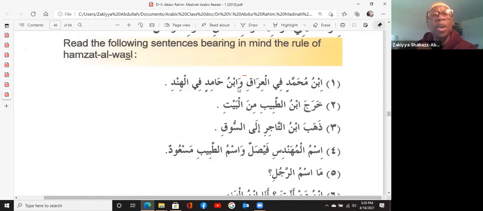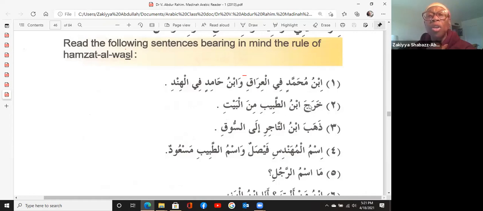So this is going to be wabnu Hamidin fil Hind. So that's all they're having you do. If you look at sentence number 2, it is Kharaja, and then it has ibnu behind it. So it's going to be what? Kharajabnu. Okay, you're not going to read the aleph.